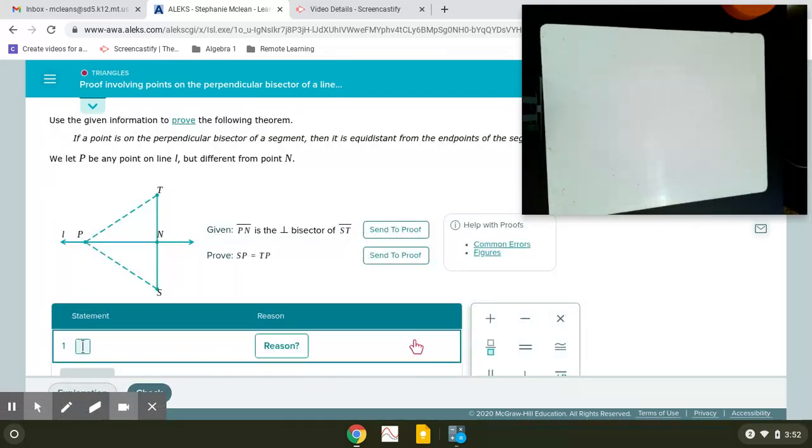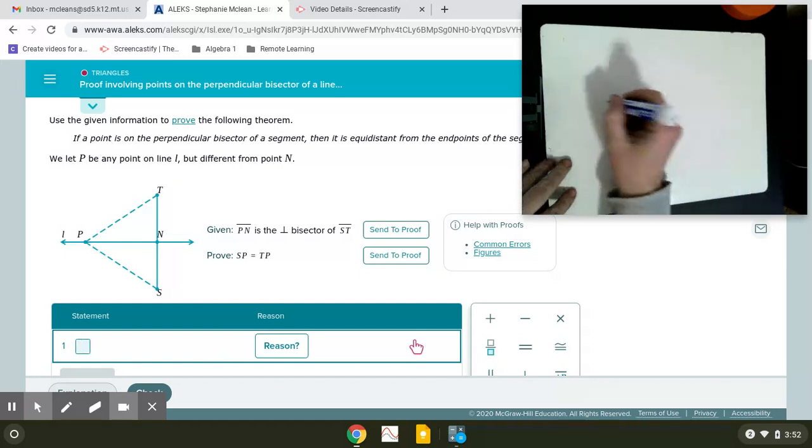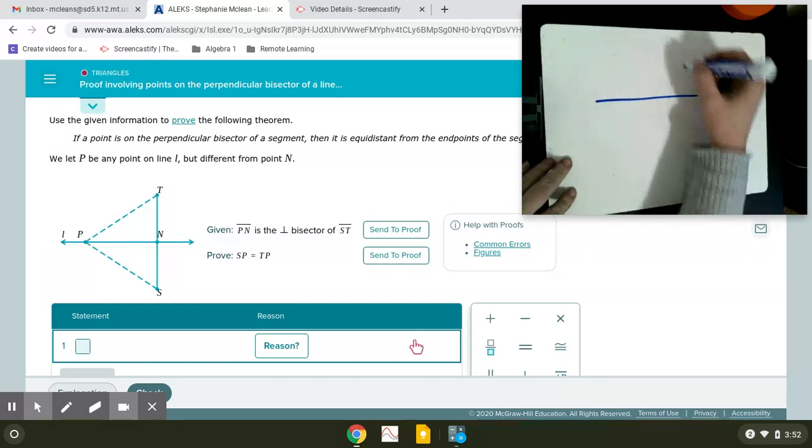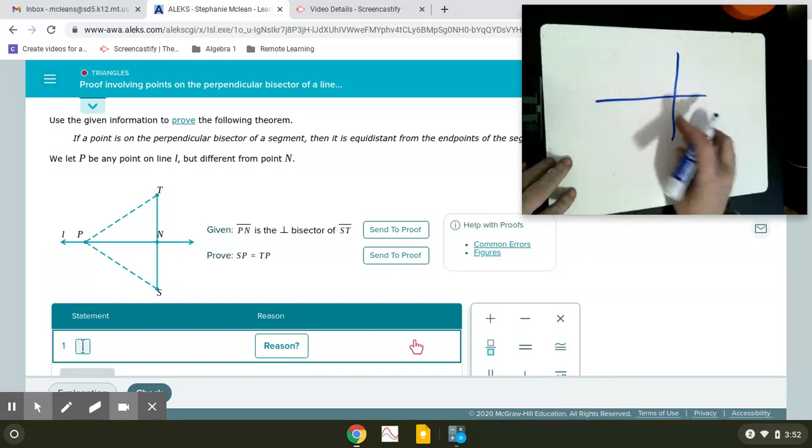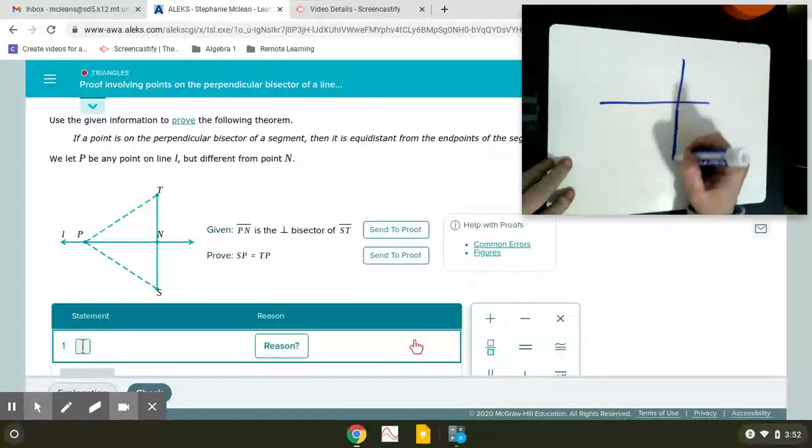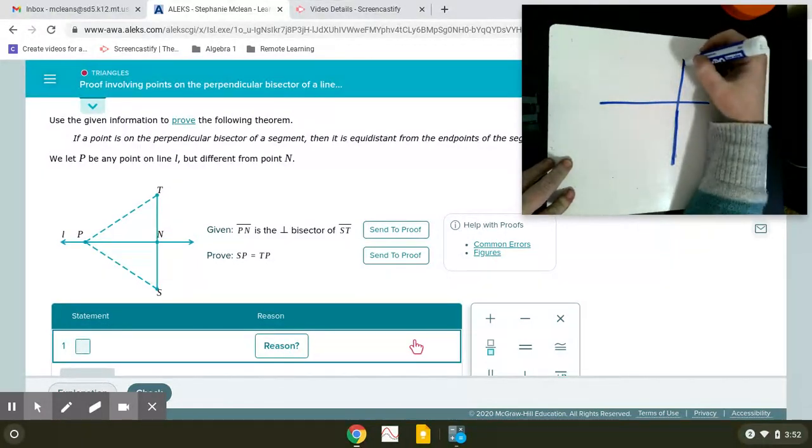So here I have the two lines intersect. That was not a very straight line. So T is up here.